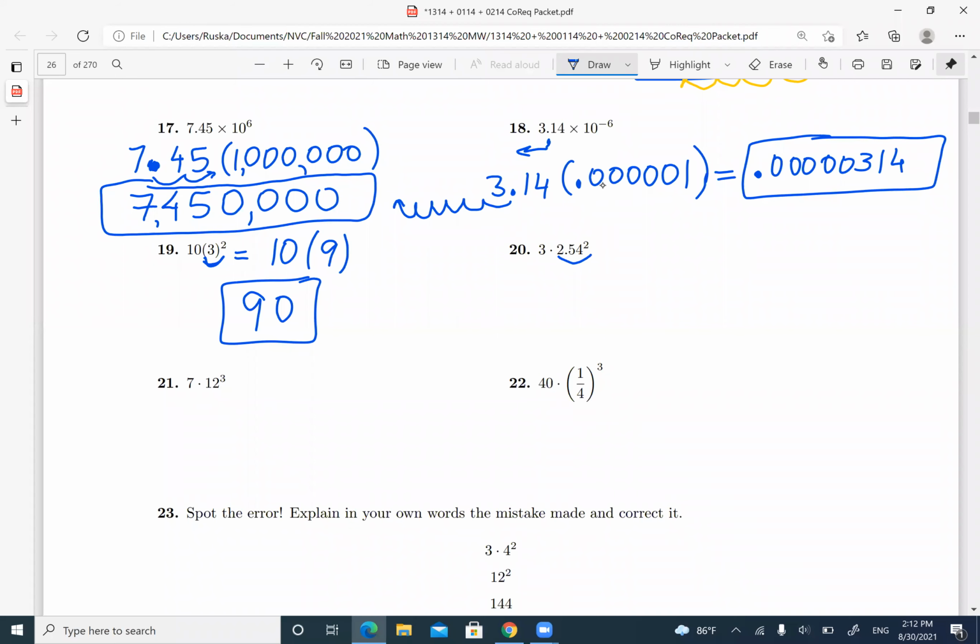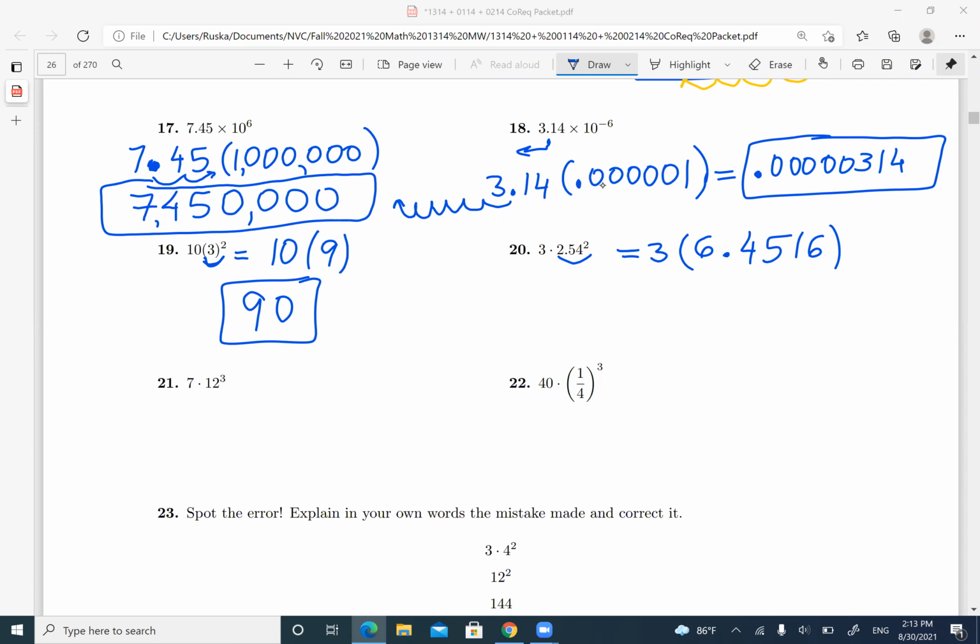So here, I need to do 2.54 multiplied by itself. 2.54 times 2.54 is going to be 6.4516.